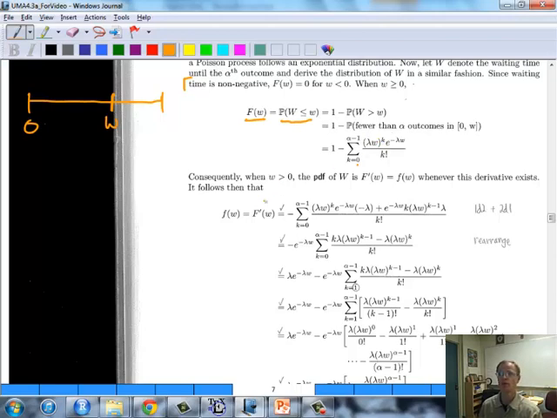So it should be a relatively straightforward process, but there's some detail. Working it through, the derivative of the CDF gives me the PDF. For the first move, I'm taking the derivative with respect to w. So I've got a product here, need the product rule. So 1 comes down, D2. We're going to bring e to the minus lambda w times the derivative of minus lambda w with respect to w, which is minus lambda.